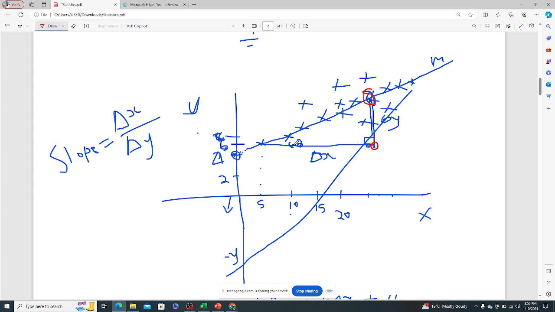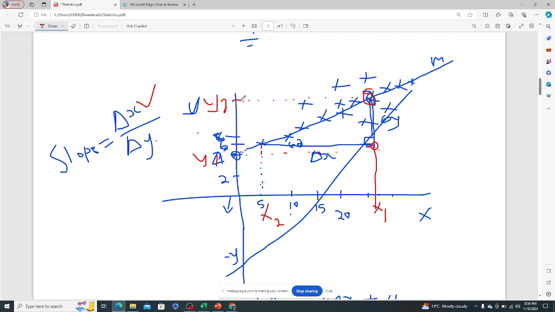Just a minute, change in x will be this value here. Let's call it x1 minus x2, this value. And then for change in y, it will be now this value. Let's assume we are talking of this value. It is y1 minus y2.